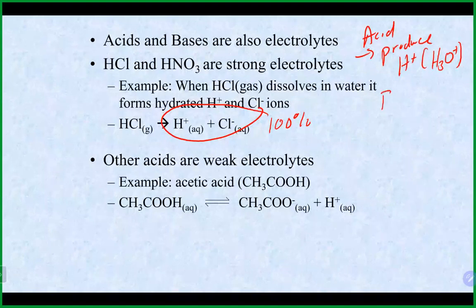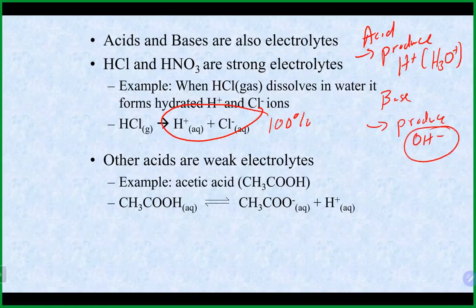A base, on the other hand, the basic definition of it is the ability to produce hydroxide ions in solution. So free hydroxide ions in solution is really your basic definition of a base. So things like sodium hydroxide, when it breaks apart, will break apart into Na plus and OH minus, producing a bunch of OH minuses, which is why it's a strong electrolyte.